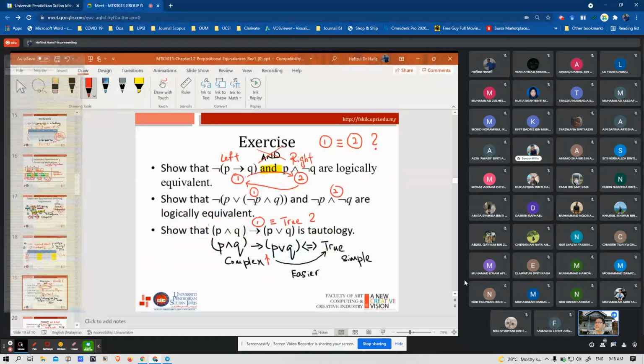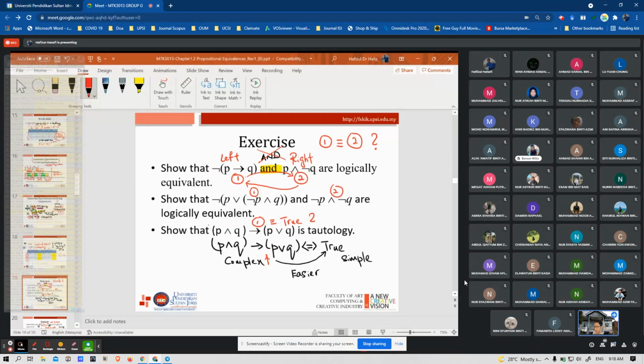Okay, for the exercise, show that the left, P implies Q, and the right, P and negate Q, are logically equivalent. This one you need to answer in the Padlet. You need to upload to Padlet.